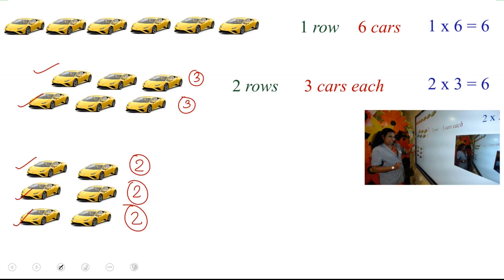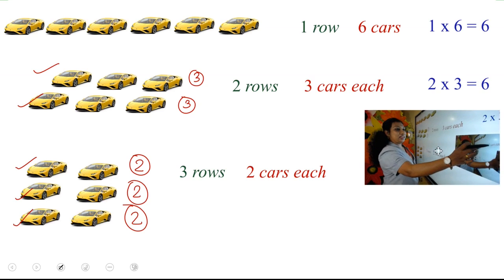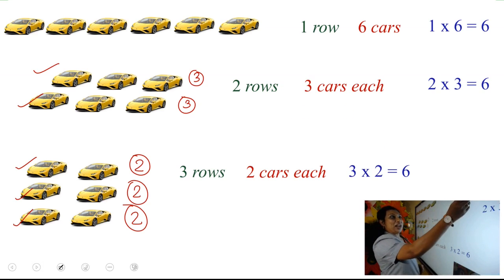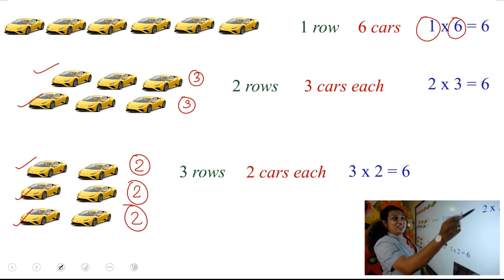So in 3 rows, 2 cars each are arranged. So how will we write that? 3 2s are 6.